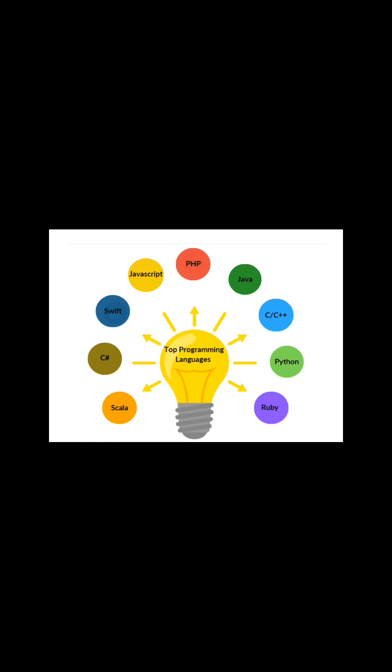Now see, children, there are so many languages. But here I am going to explain Python to you. Scala, C#, Swift, JavaScript, PHP, Java, C, C++, Ruby, but we are going to study Python.